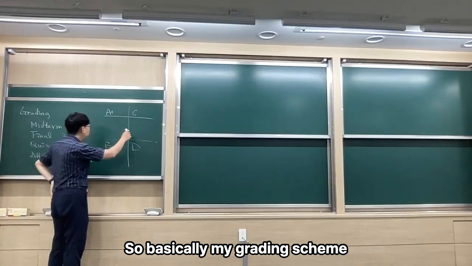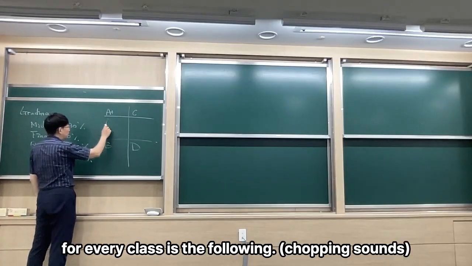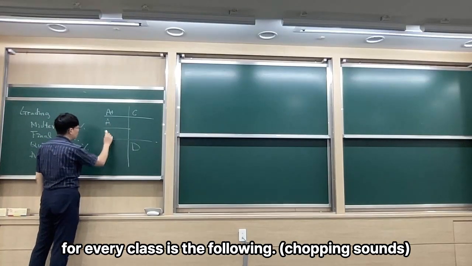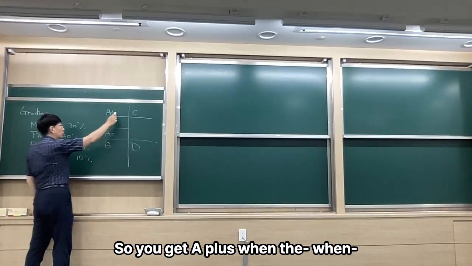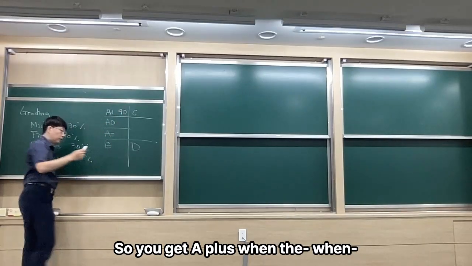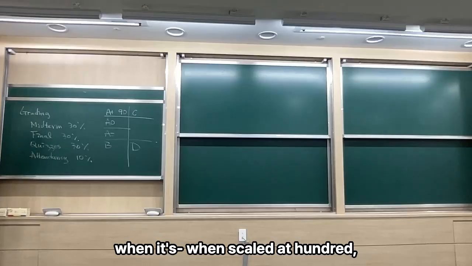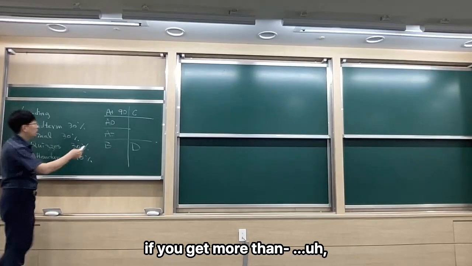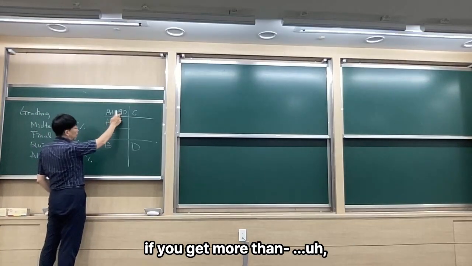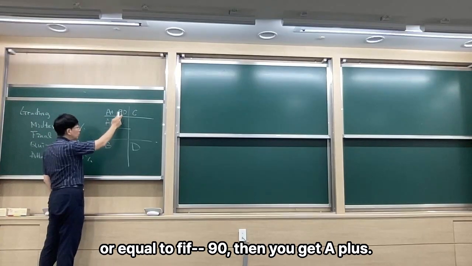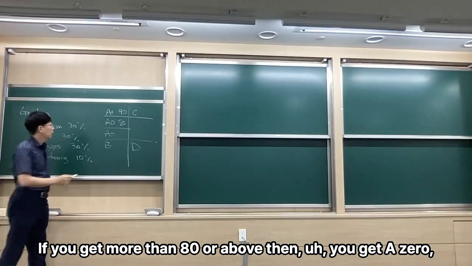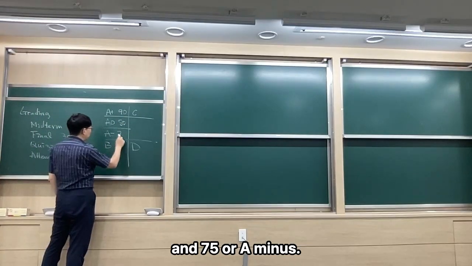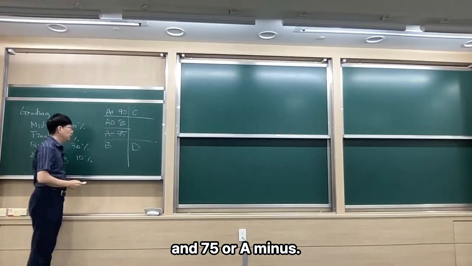So basically, my grading scheme for every class is the following. You get A plus when scaled at 100, if you get more than or equal to 90. If you get 80 or above, then you get A0, and 75 for A minus.